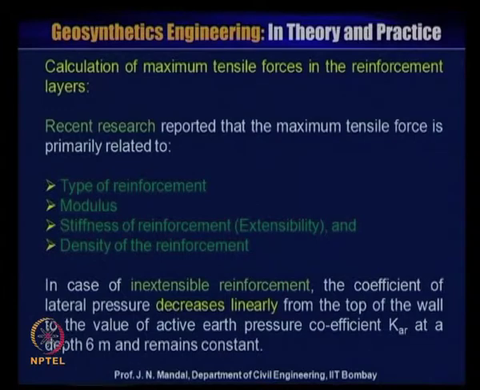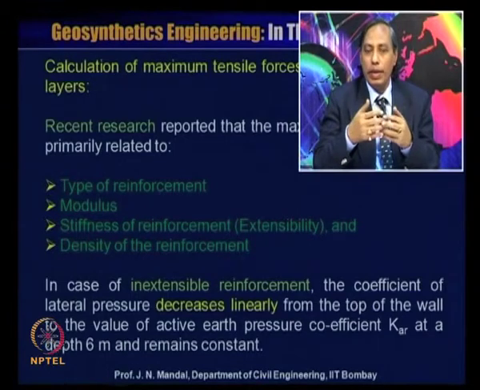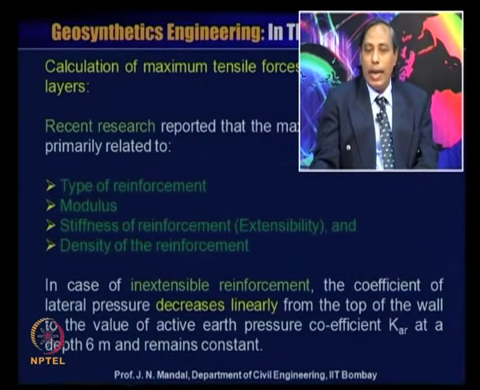In case of inextensible reinforcement, the coefficient of lateral pressure decreases linearly from the top of the wall to the value of the active earth pressure coefficient K A R at a depth of 6 meter and remains constant.